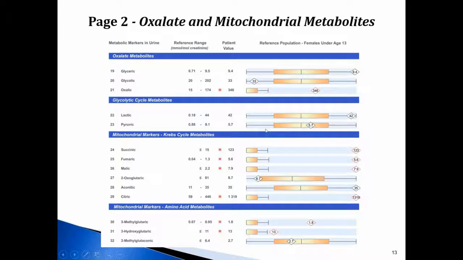Why that's important is that other sections on the organic acid test can be negatively influenced by the presence of other toxins, namely these mitochondrial markers. Glycolic, the Krebs cycle metabolites, and the amino acid metabolites at times can be negatively influenced because of Candida, because of Clostridia, or even oxalate, or a combination of those.